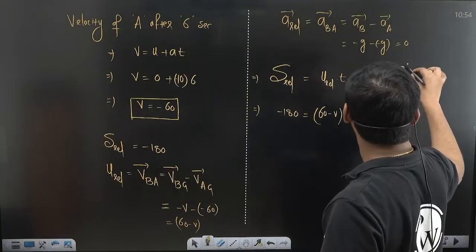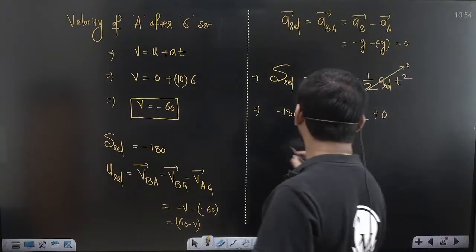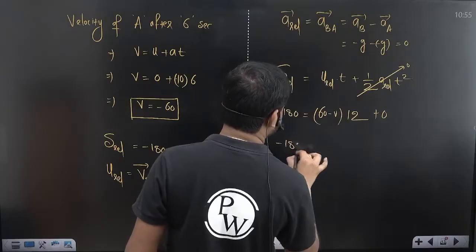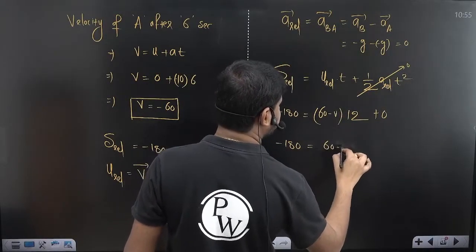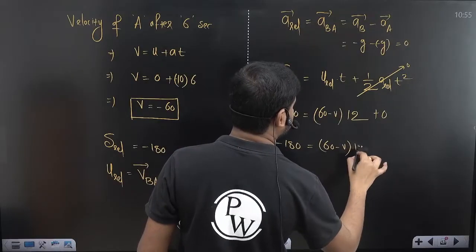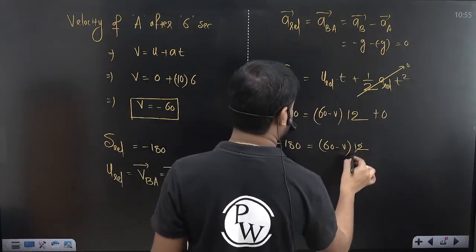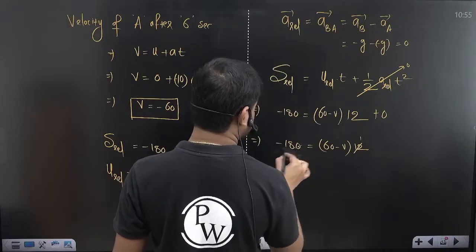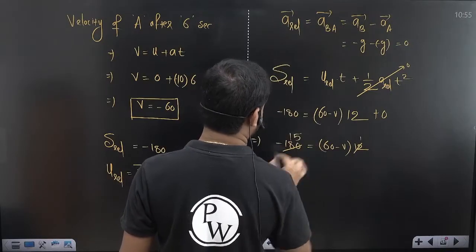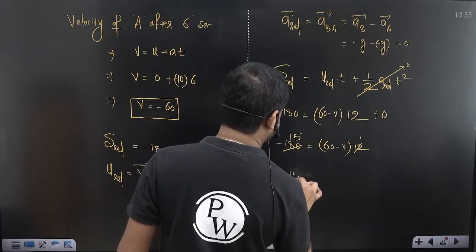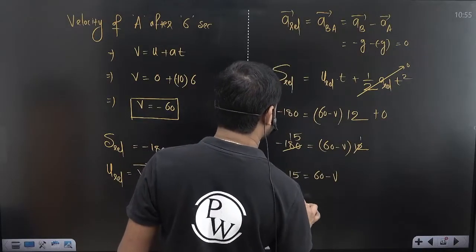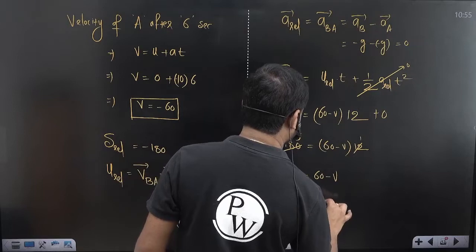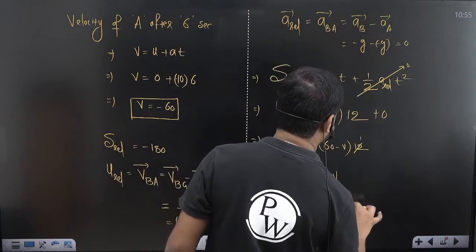This whole thing will become 0, because A relative is 0. So minus 180 is equal to 60 minus V into 12. So 12 15s are 180, so minus 15 is equal to 60 minus V. From here V is equal to 60 plus 15, which is 75 meter per second.